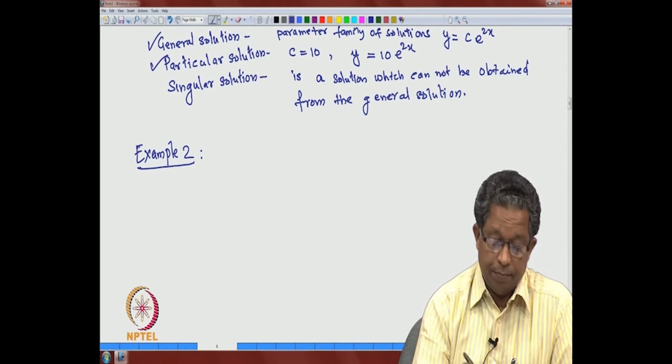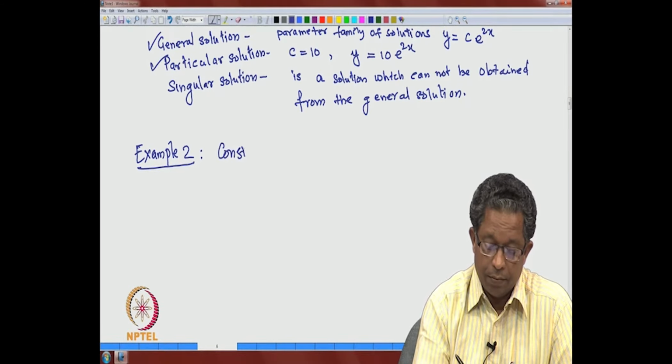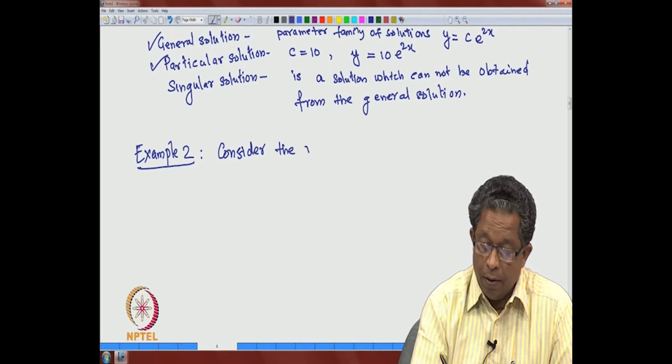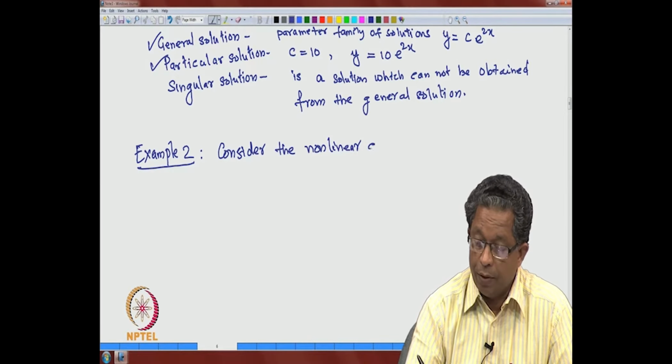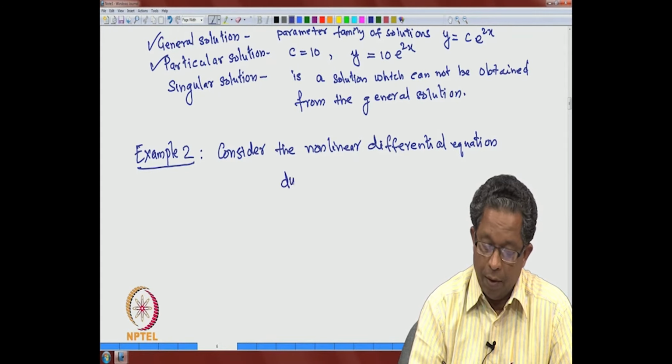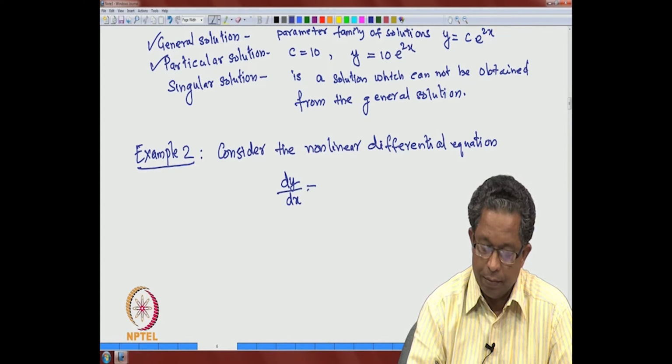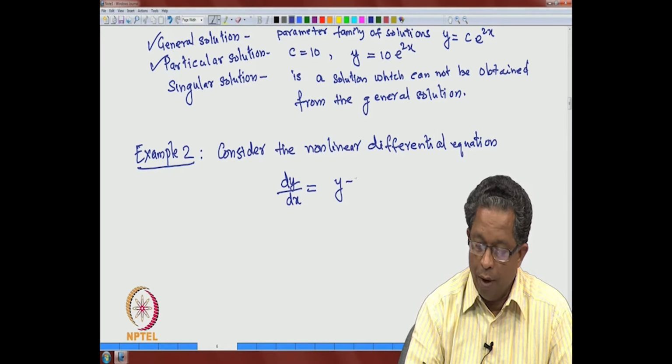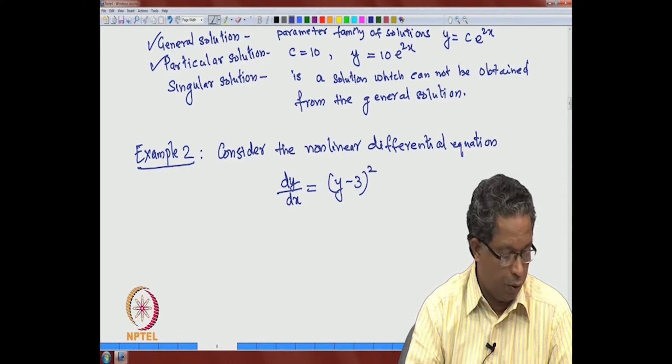So, consider the nonlinear differential equation, say dy by dx is equal to y minus 3 the whole square.